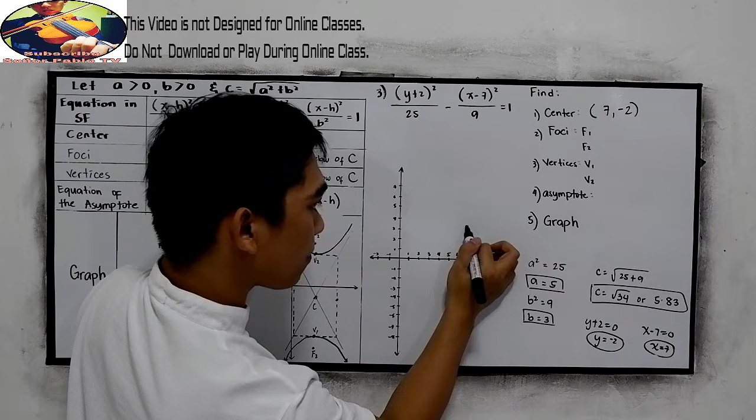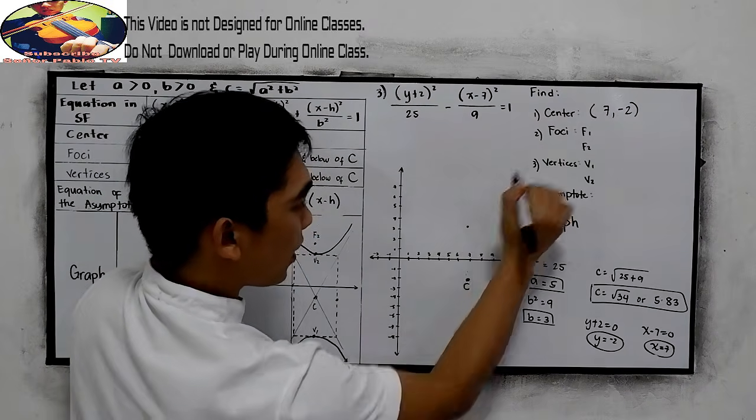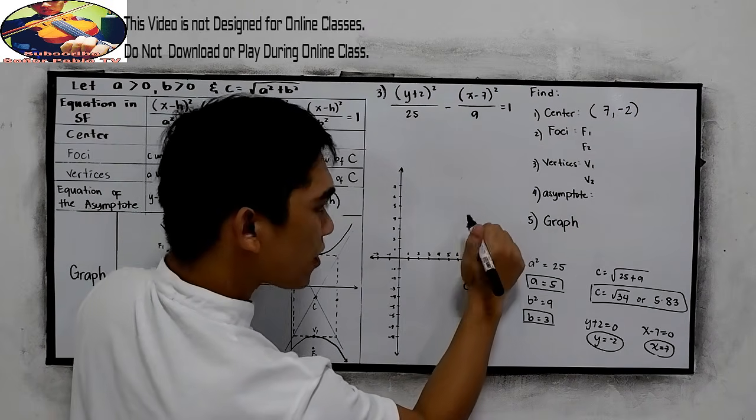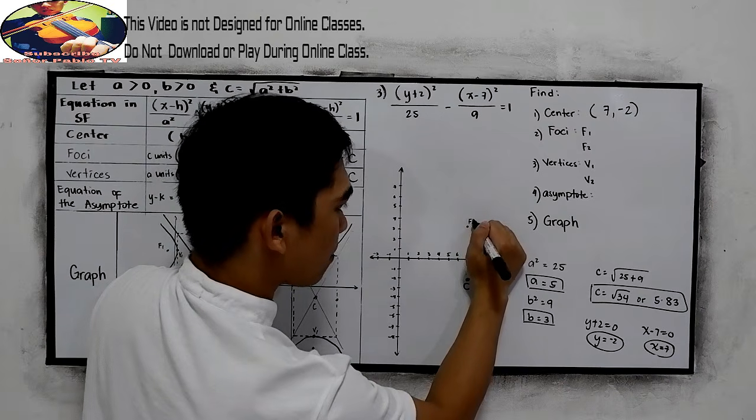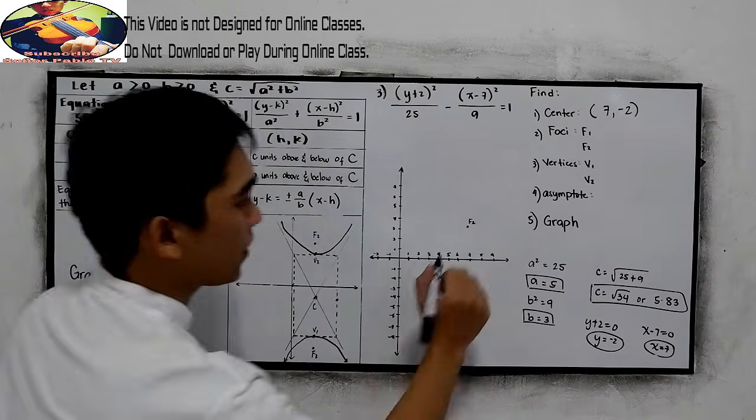So it's here. So this is our f sub 1 or f sub 2.